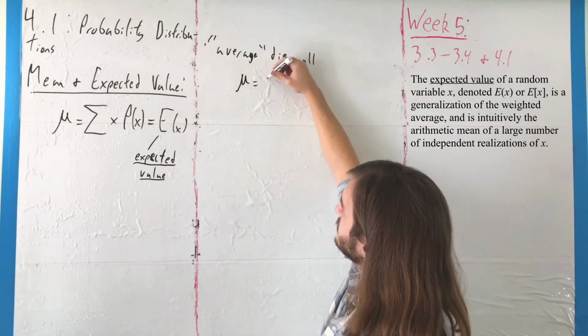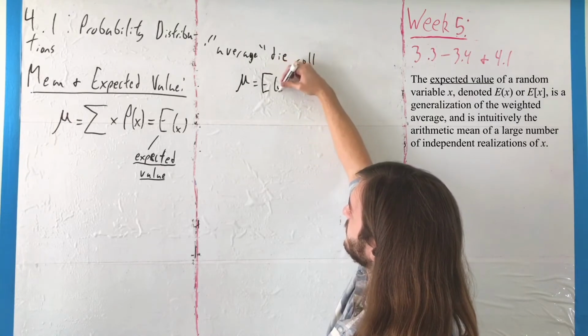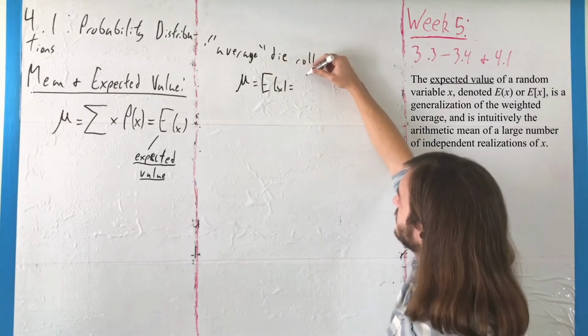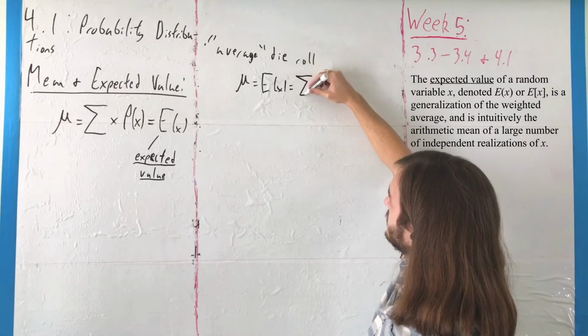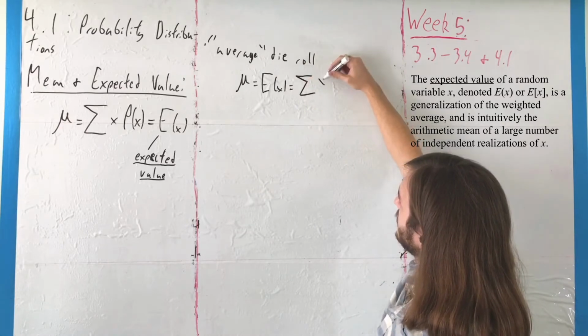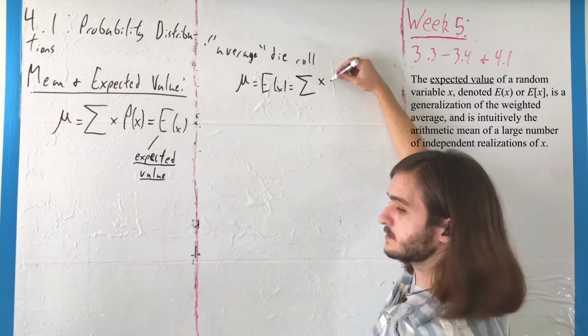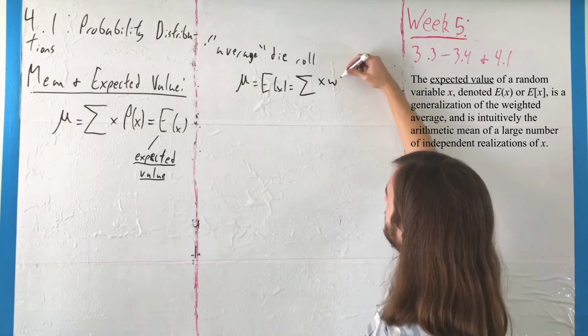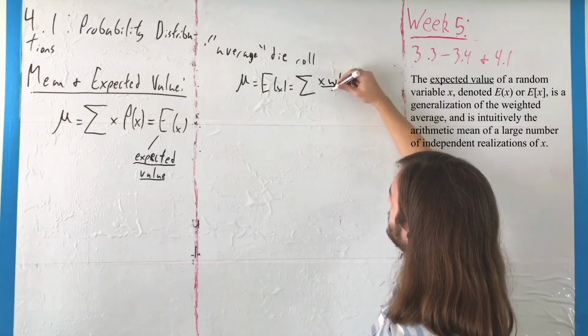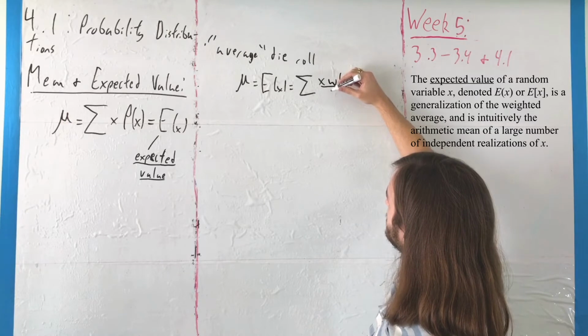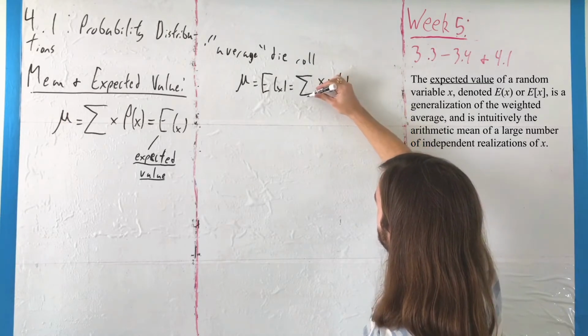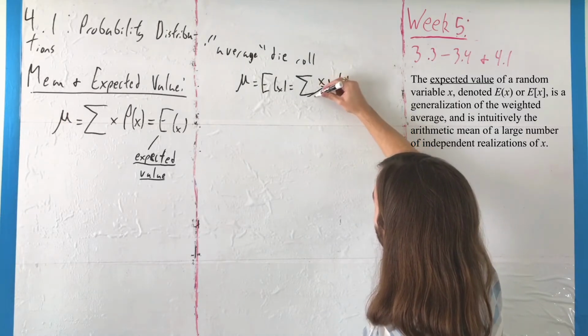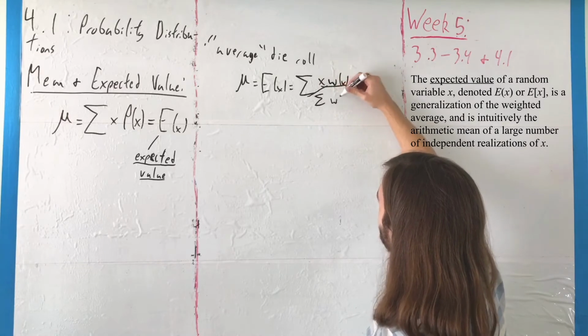So we'd have mu, we're going to call that E of x for the expected value here, follows the formula of the values x multiplied by its weights. Excuse me, let me get this right because that technically goes on top divided by the sum of the weights.